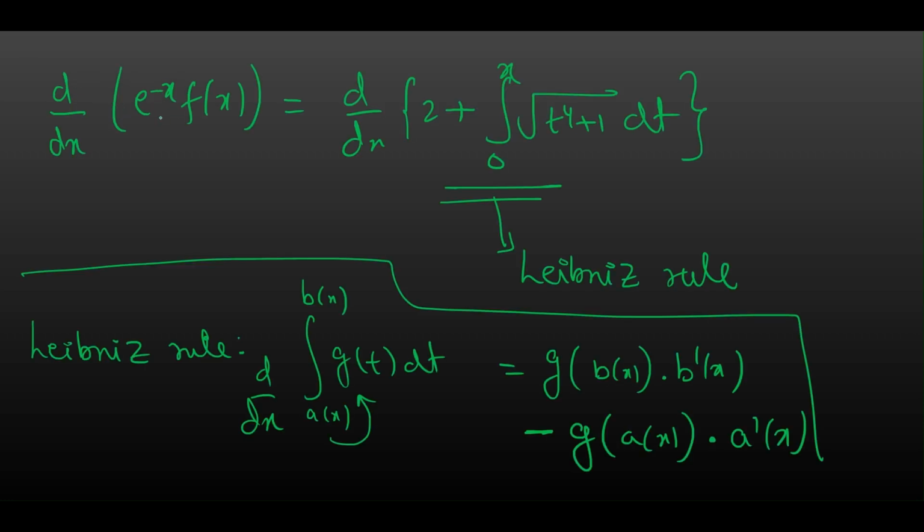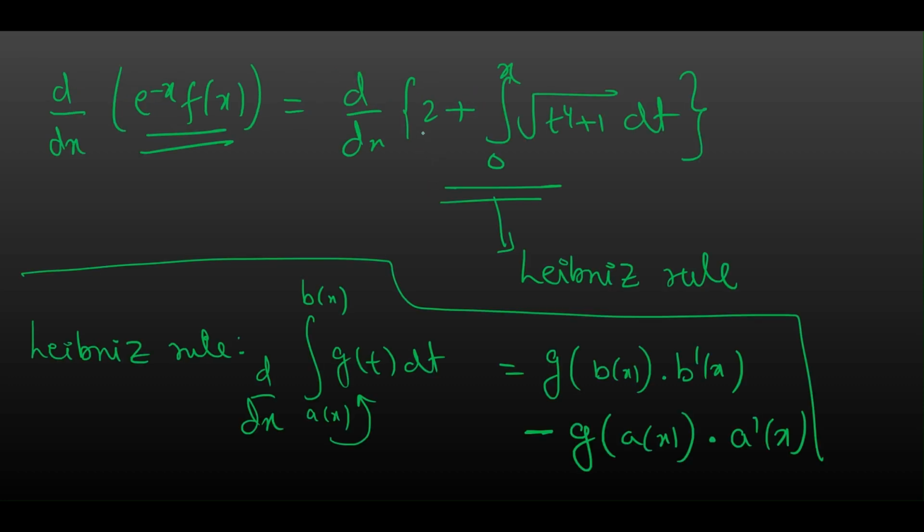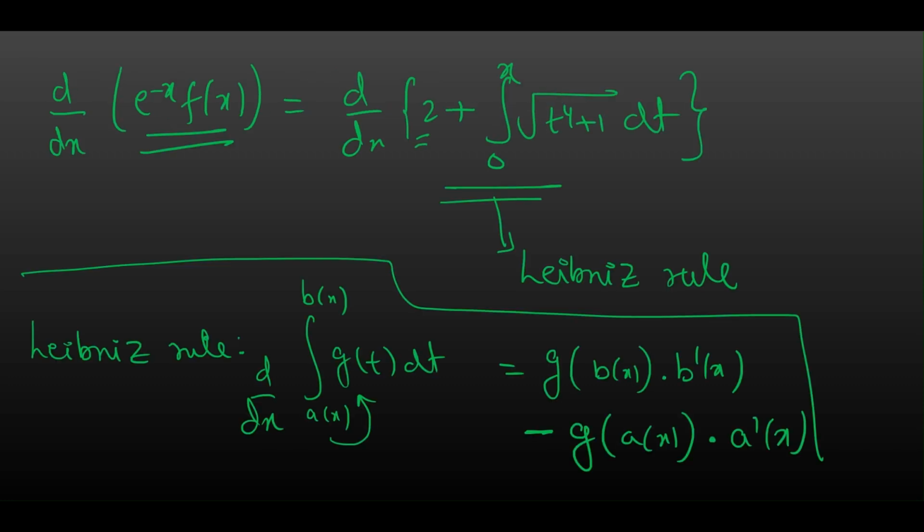So the derivative of the left hand side is e^(-x) into the derivative of f. I am applying the product rule here, plus f(x) multiplied by the derivative of e^(-x), which is going to be negative of e^(-x), equals, on the right hand side, we have a constant term 2, its derivative is 0, and we have an integral term, its derivative is calculated using the Leibniz rule.